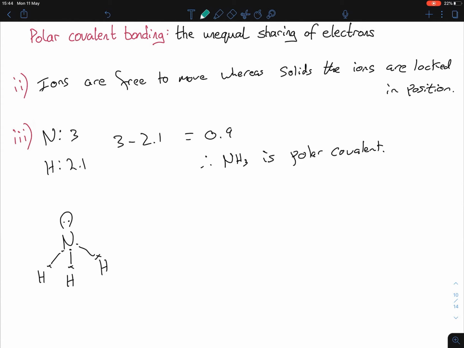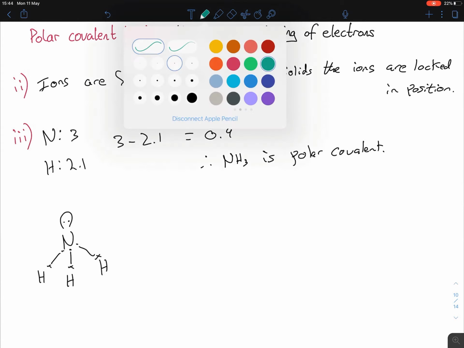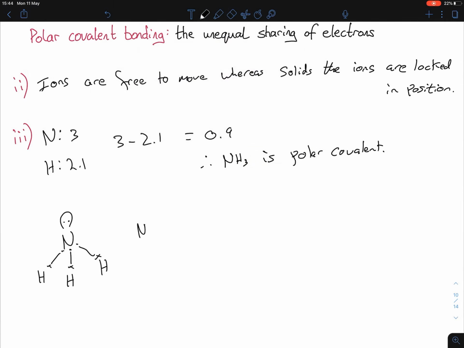Okay, you can do it per bond if you want. So you can just specify there that we're looking at nitrogen and hydrogen, like this. You can leave it like this if you wanted to, and just go delta negative, delta positive. And the reason nitrogen is negative is simply because it's more electronegative than hydrogen. So therefore, it has a negative charge because the electrons are closer to nitrogen at any one time compared to that of the hydrogen. So that's all I have to say for this.